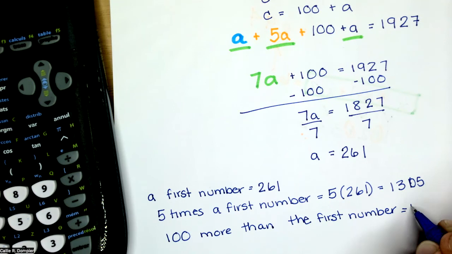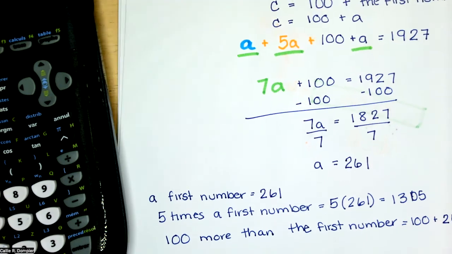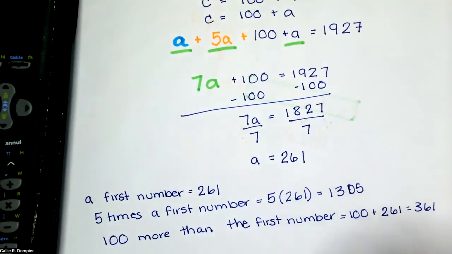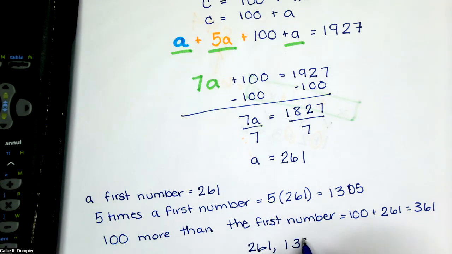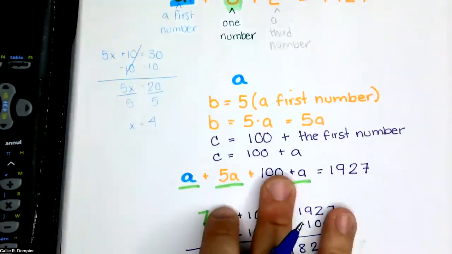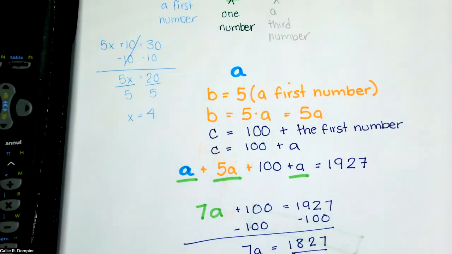So that's 100 more than 261, which is 361. So when they ask, what are the 3 numbers? We have 261, 1,305, and 361. So your numbers will be different, but that's how you solve it. So you decide what each one is, and then you put them in terms of the first number.